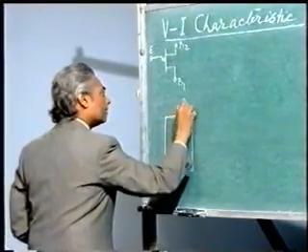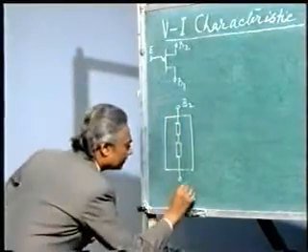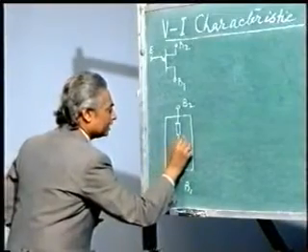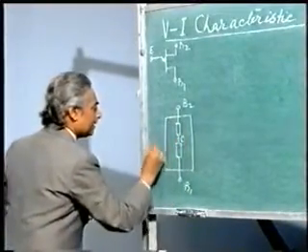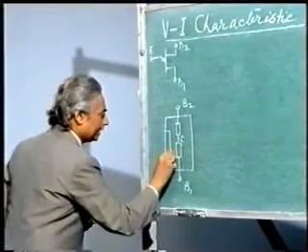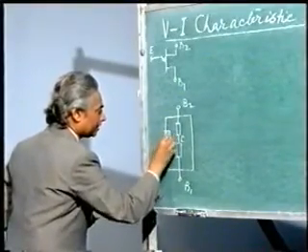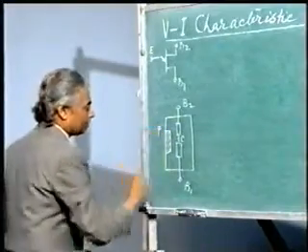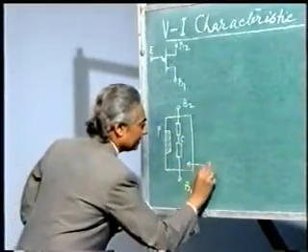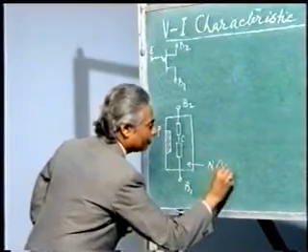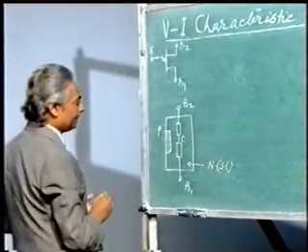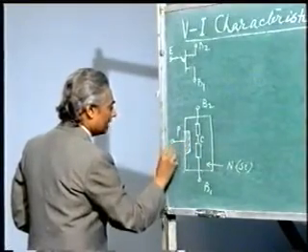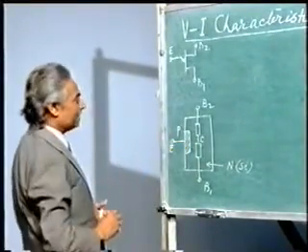This is B2, this is B1. This point is say C, and here you will find diffusion of P type material. Of course this is N type silicon material, and at this junction we will have the third terminal, which is emitter.